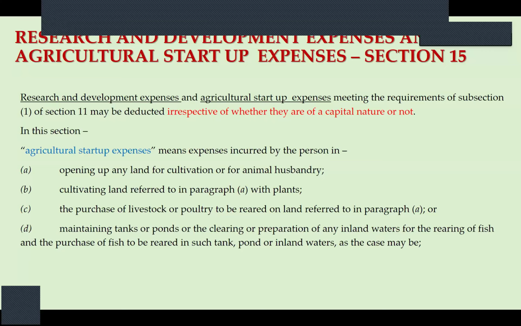For research and development and agricultural startup expenses, a specific definition is given in the same section, not in section 195. It says research and development expenses and agricultural startup expenses meeting the requirements of subsection 1 of section 11 may be deducted irrespective of whether they are of a capital nature or not.